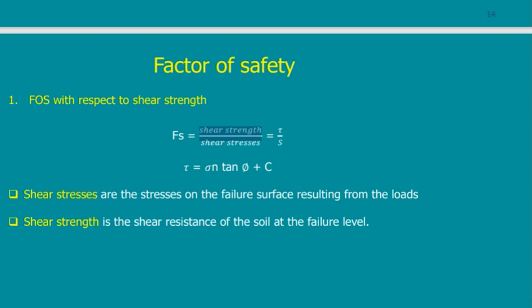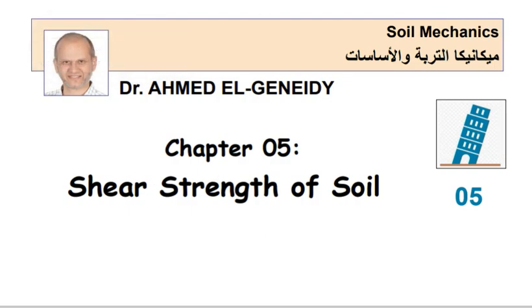This is exact. Shear strength is the ability of soil to prevent the failure of the slope. Shear stress is the stress on the slope due to external forces and internal forces, of course, due to any forces. Any forces that are driving the slope to fail will be the shear stresses. So it is tau divided by S, and we come back to the equation that we studied in the shear strength of soil.